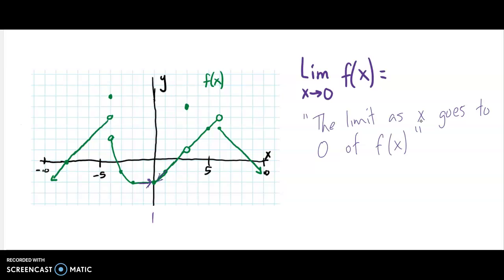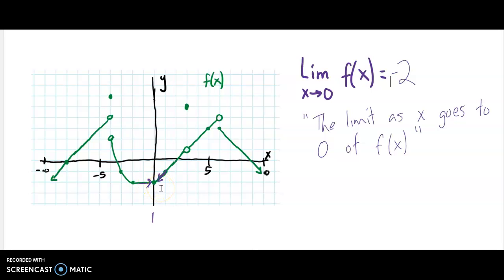As we close into x equals 0 from the right side, again, we're closing into a height of -2. So we just say that this is -2. Now, notice I did not say anything about what the actual height was at x equals 0.